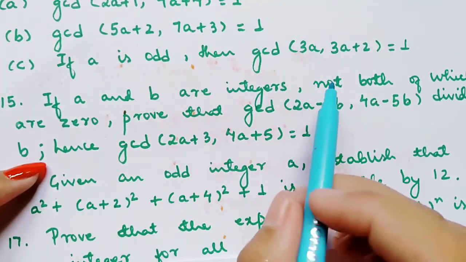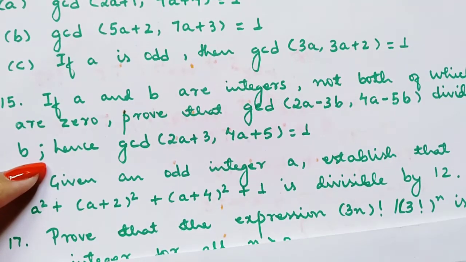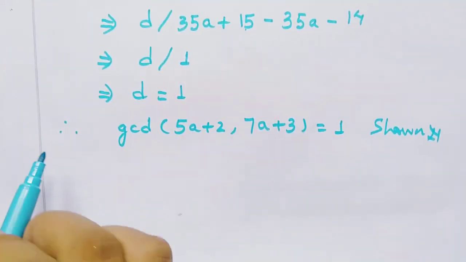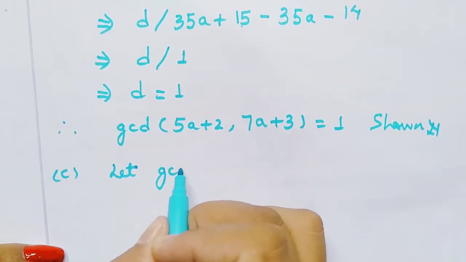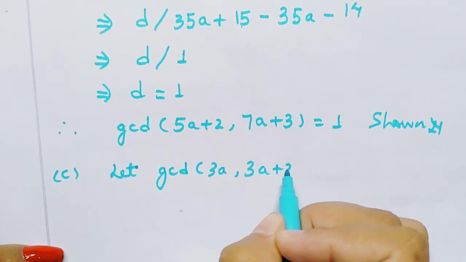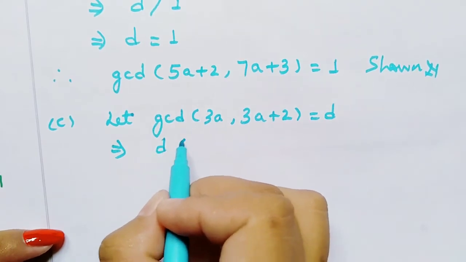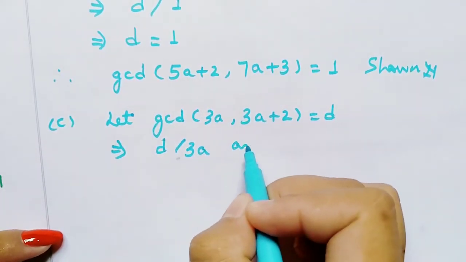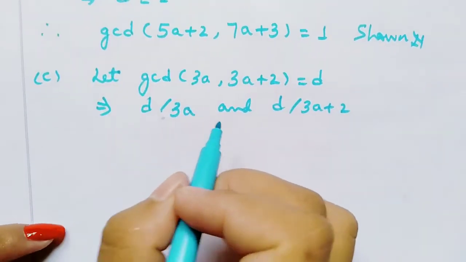If a is odd, then show that the GCD of 3a and 3a plus 2 is 1. Again, similar procedure. Let the GCD of 3a and 3a plus 2 be D. So in that case, D divides both 3a and 3a plus 2.